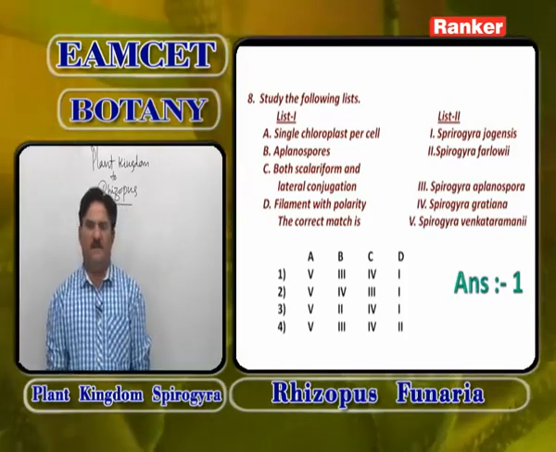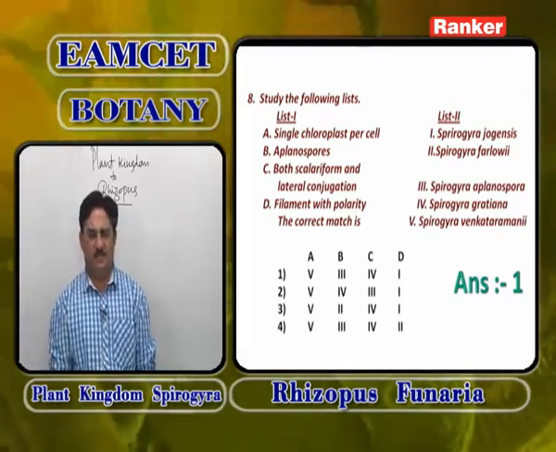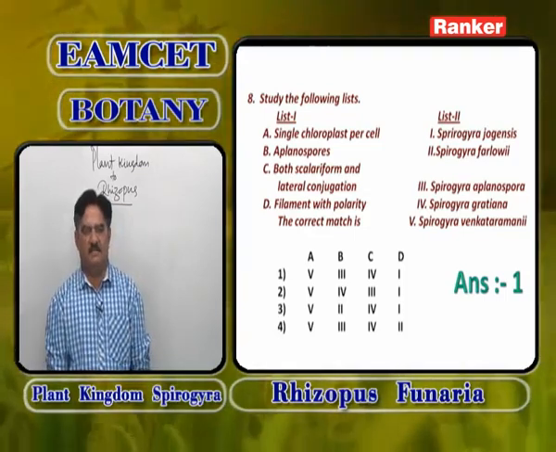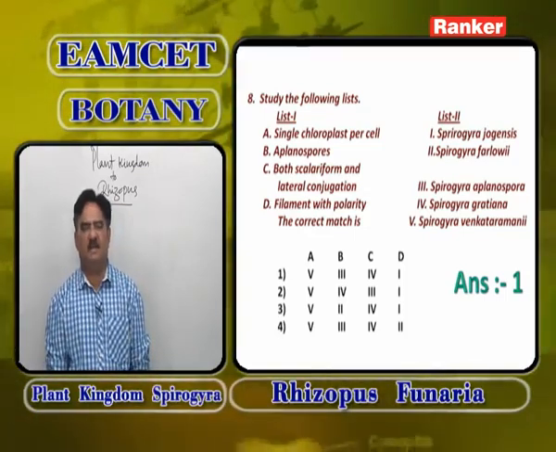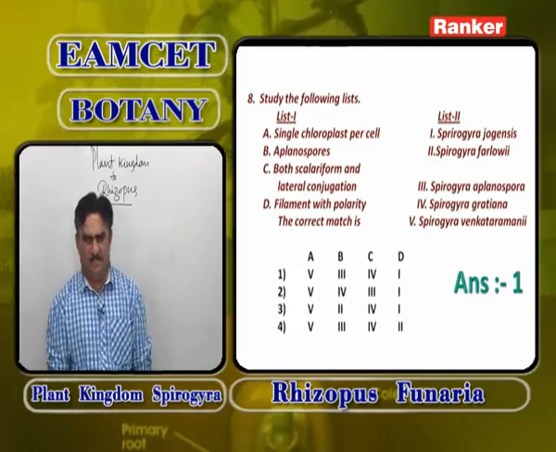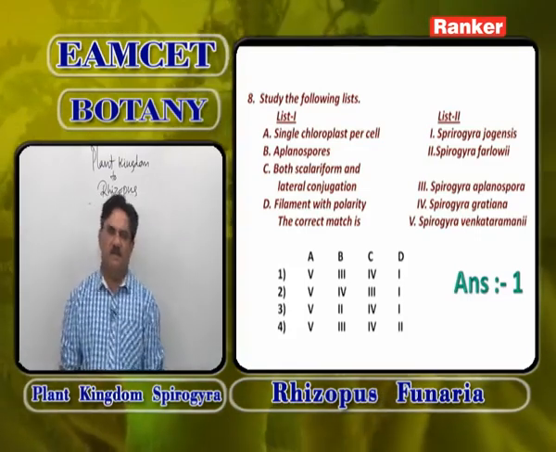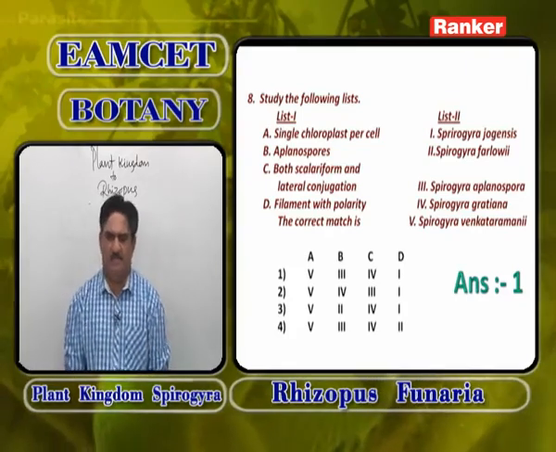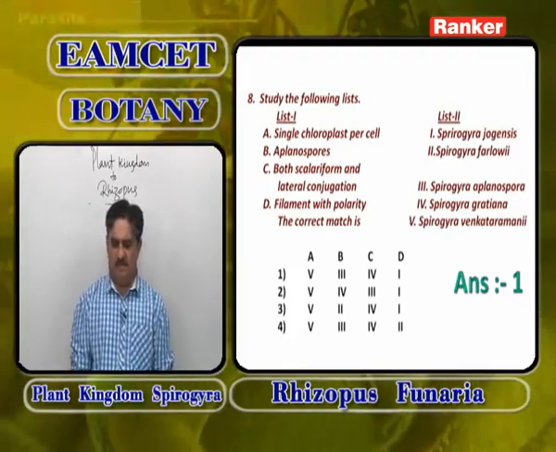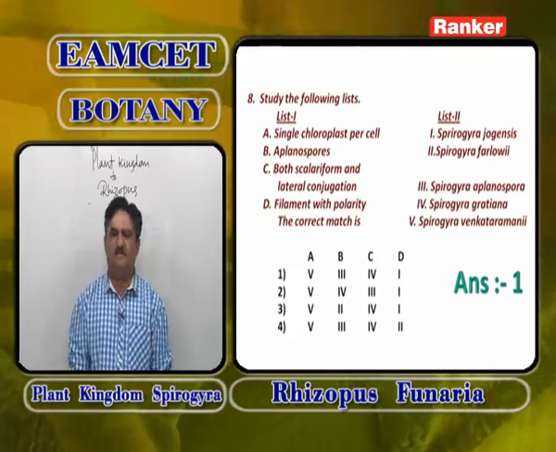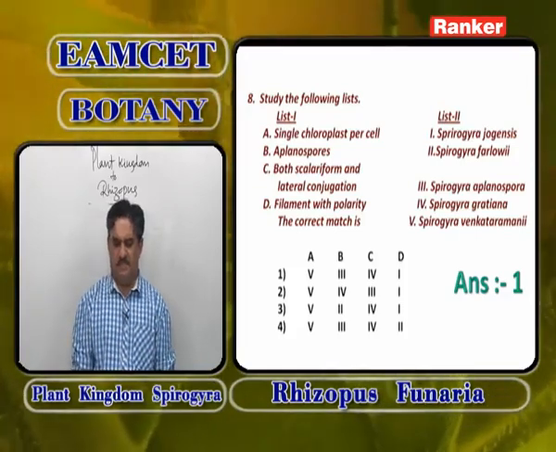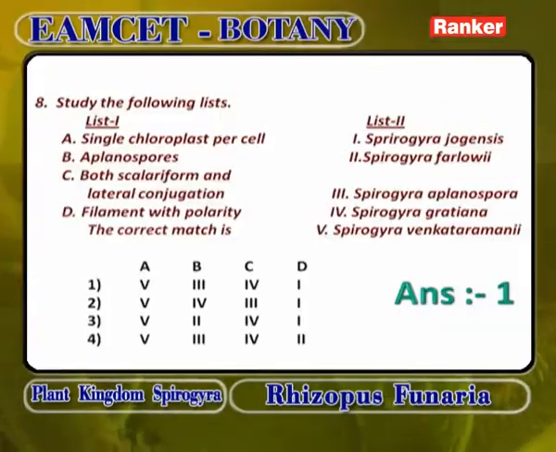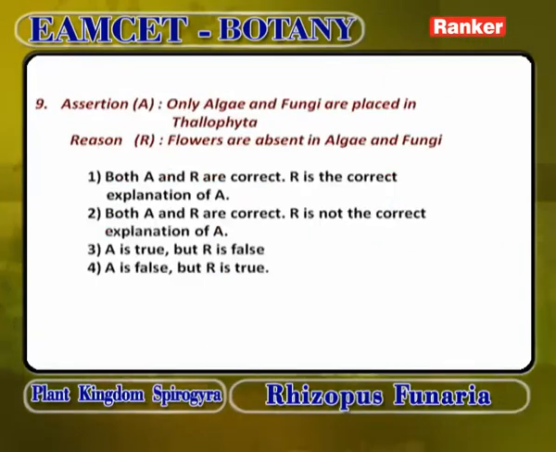But fixed filaments like Spirogyra jogensis, Spirogyra adnata, the basal cell is modified into a colorless special non-green root-like fixing cell called holdfast or hapteron. The apical cell is clearly mentioned, so apical cell, basal cell differentiation will be there. That is called polarity in Spirogyra jogensis. So, answer is A5, B3, C4, D1.